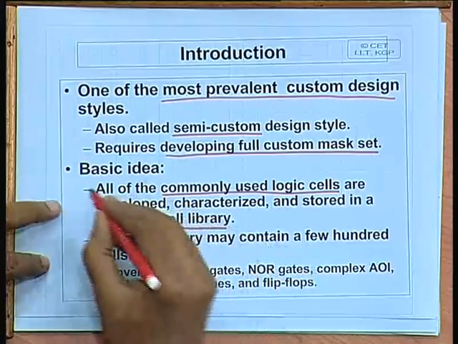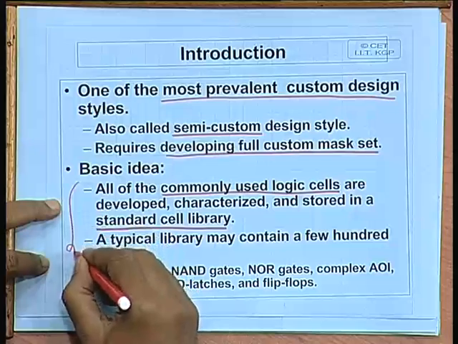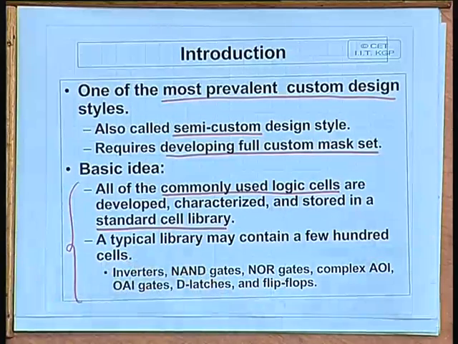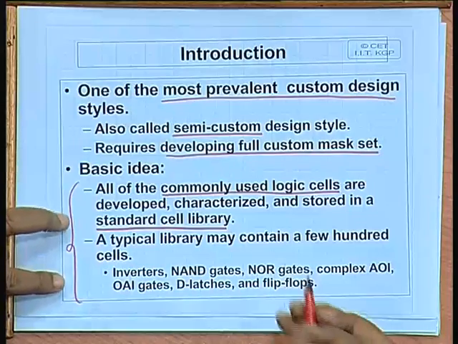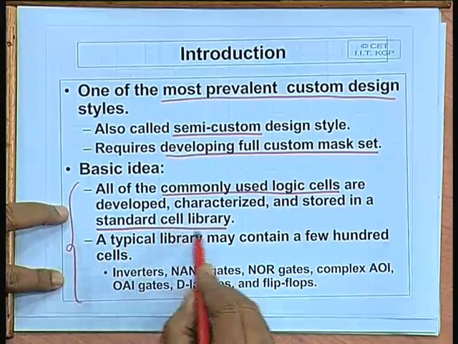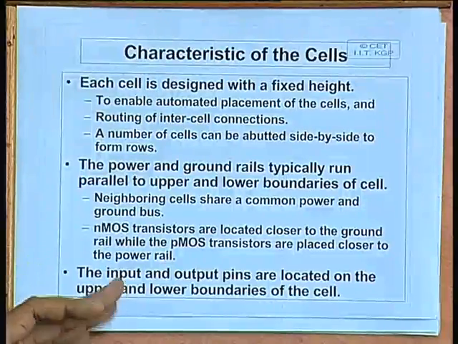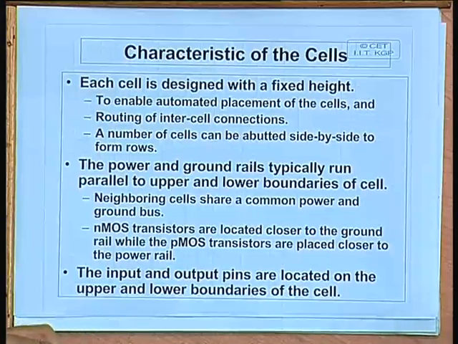Now, in case of standard cell design, the basic difference as compared to any other design arises out of the way this standard cell library is created. The cells which are present in the library have a very specific geometry or topology. They are like this. The heights of the cells are all identical.